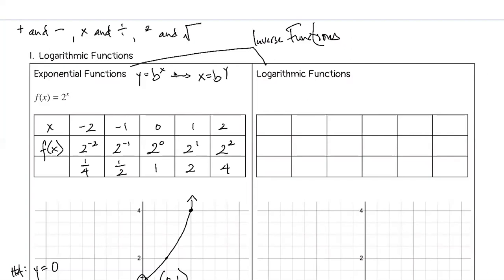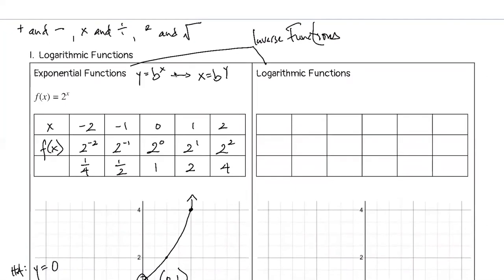And if I ask you to rewrite this with logs, you would end up with something like this. Log base, what's the base for the log going to be? It's going to be 2, or in our case, b. So let's write b for right now.